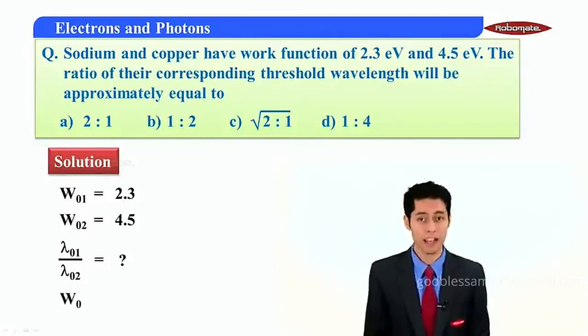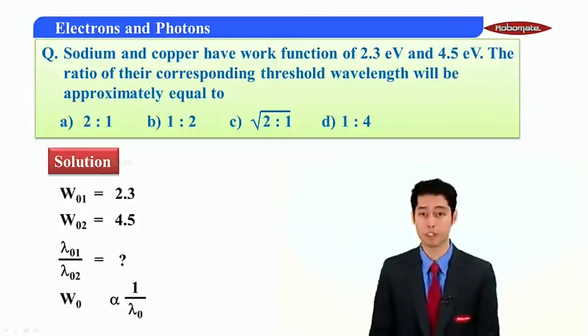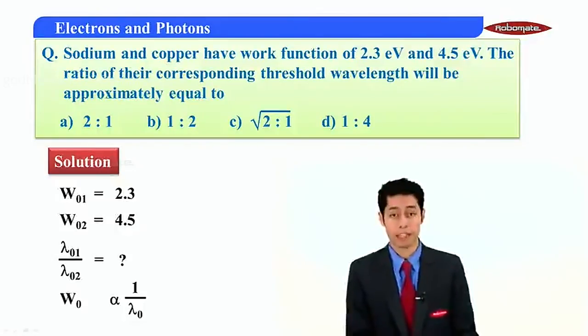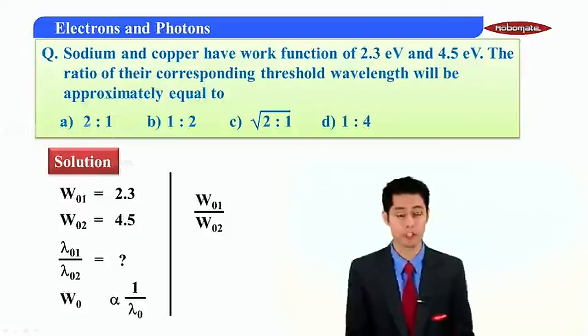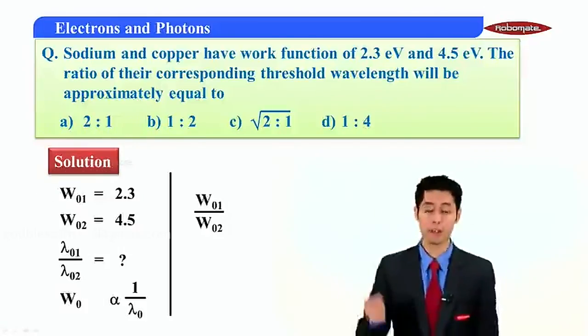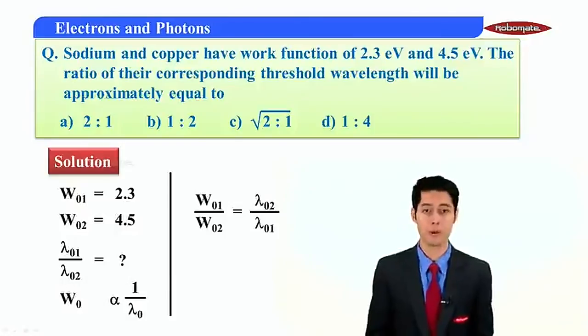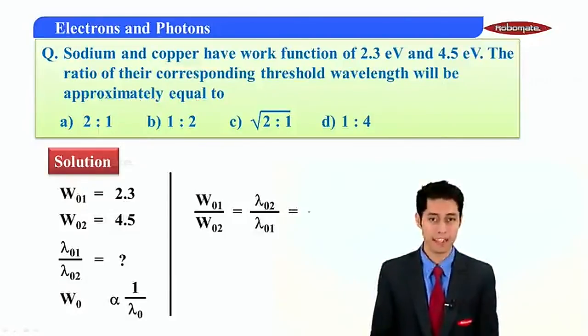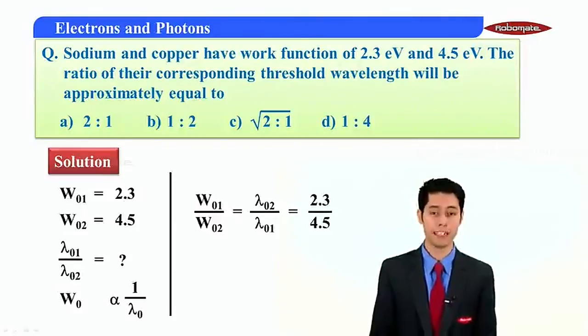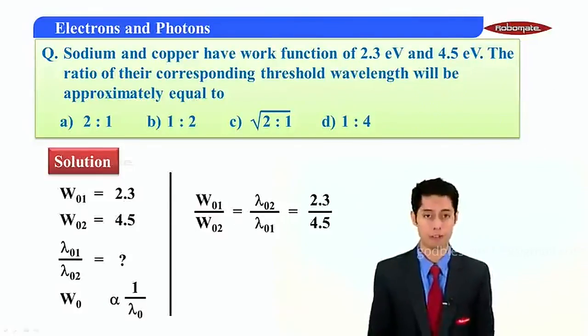According to the relation, I know that work function is inversely proportional to the threshold wavelength. Since work function is inversely proportional to the threshold wavelength, W01 upon W02 will be equal to lambda naught 2 upon lambda naught 1. When they take that in ratio, that will come out to be 2.3 divided by 4.5.